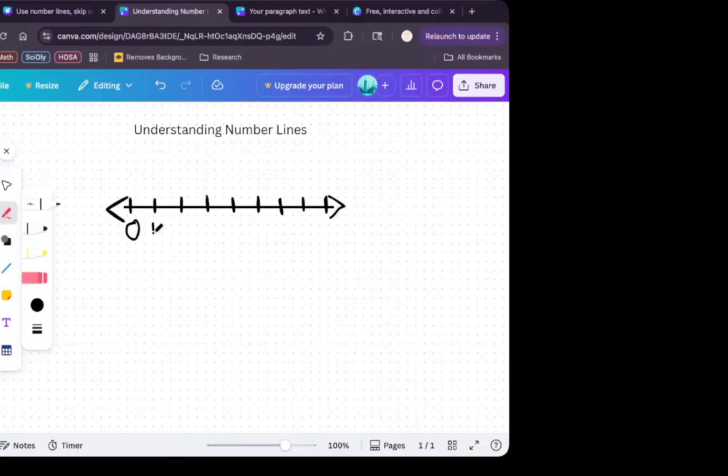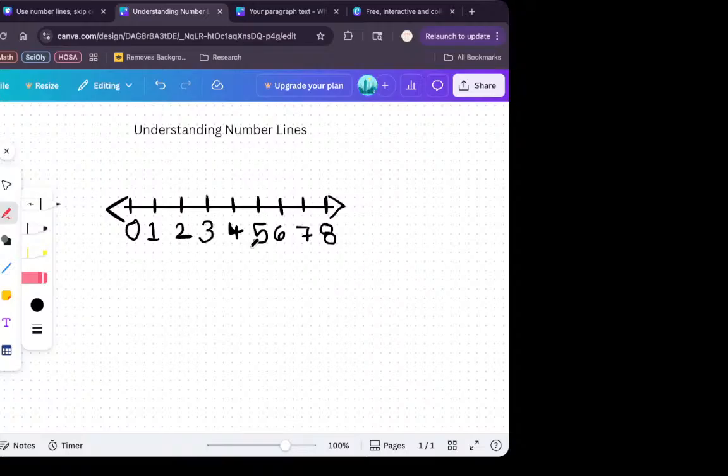So we go 0, 1, 2, 3, 4, 5, 6, 7, and 8. Okay? Here, this is our full number line.